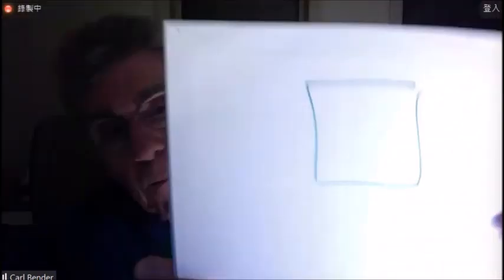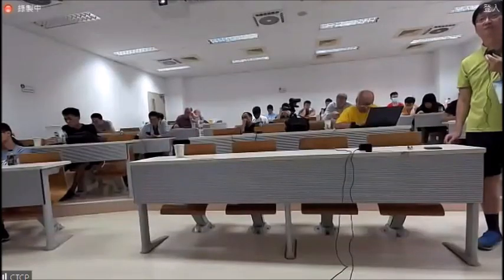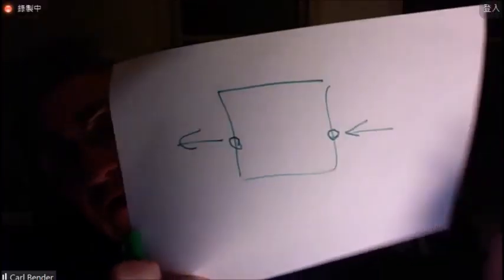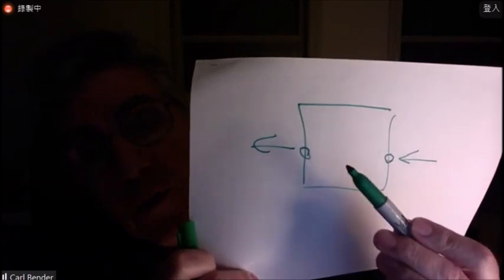So this is a system over here. Now I'm going to drill a hole in one side and I'm going to drill a hole in the other side. And I'm going to have water going in. The water is going to go in this side and it's going to go out this side.